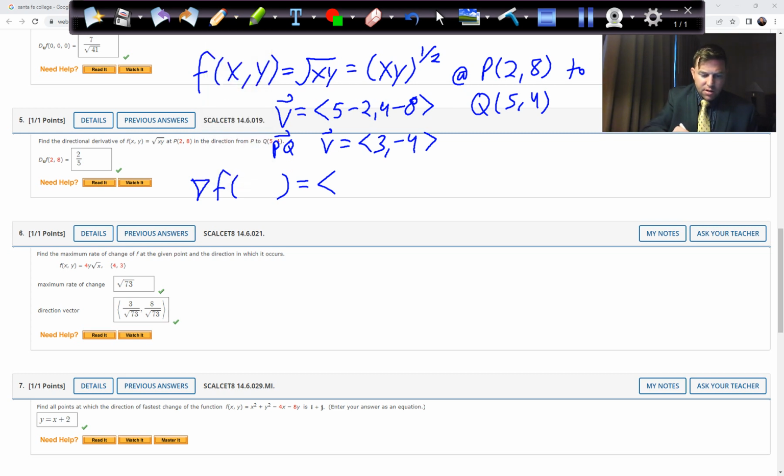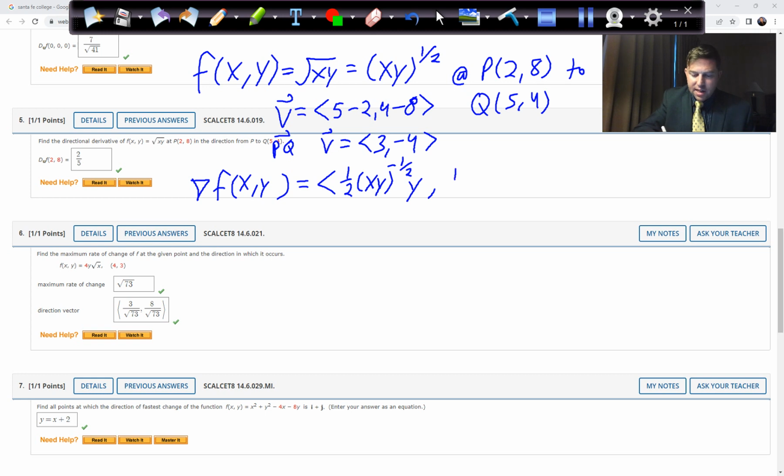So let's do it generically with xy. The derivative of this with respect to x would be bring the 1/2 down, leave the parentheses by itself, subtract 1 from 1/2, and it gives you minus 1/2 times the derivative of the inside. Now the derivative of xy, if x is the variable and y is the constant, would be y times the derivative of x, which is 1, so it would be times y.